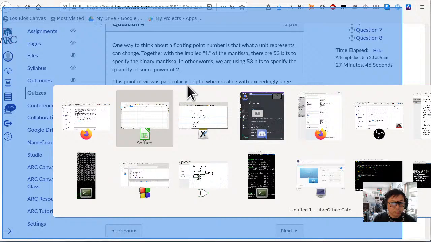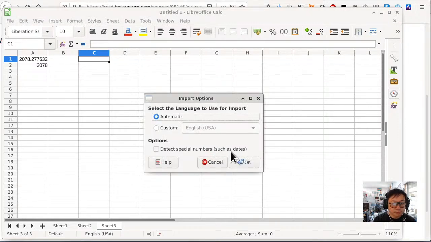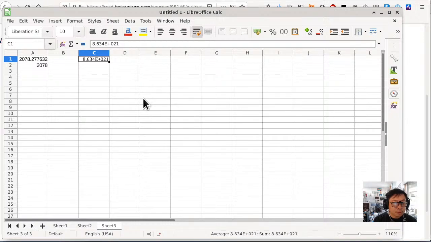Okay, we already know what X is. X is the minimum of what it can be. So now let's go ahead and solve for that.